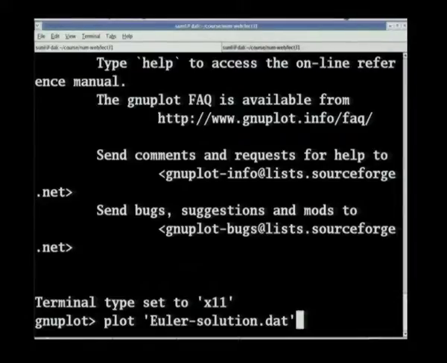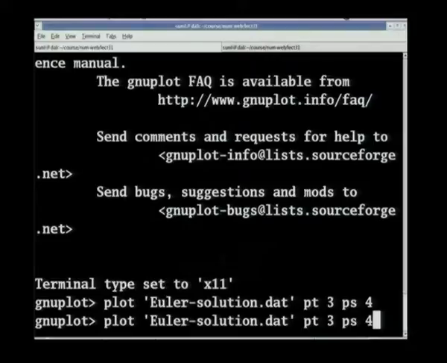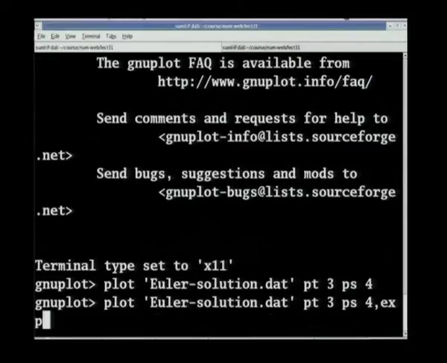We will plot this Euler solution dot dat. So, here is my plot of the Euler solution, and we will compare that with the actual solution, that is exponential of minus 2 times x. So, that is our actual solution, we know that.